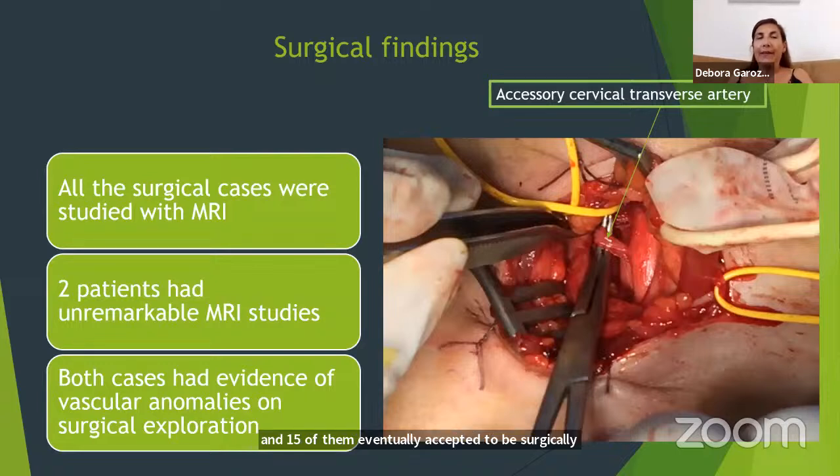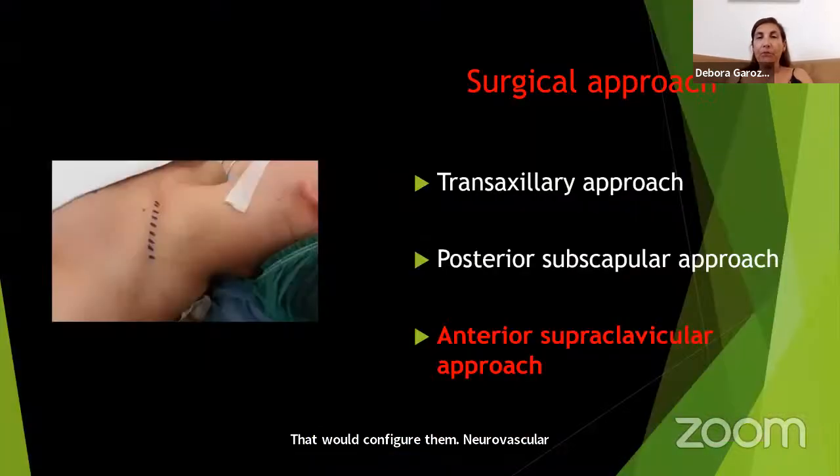All the surgical cases had a radiological confirmation except 2, in which I eventually decided to go for surgery anyway, because the clinical presentation based on the clinical history and the neurological examination was definitely very supportive. And on surgery, I found evidence of vascular anomalies that would configure a neurovascular conflict.